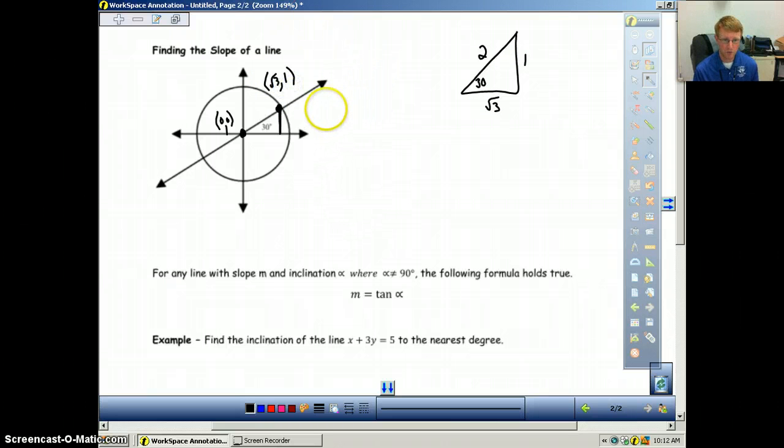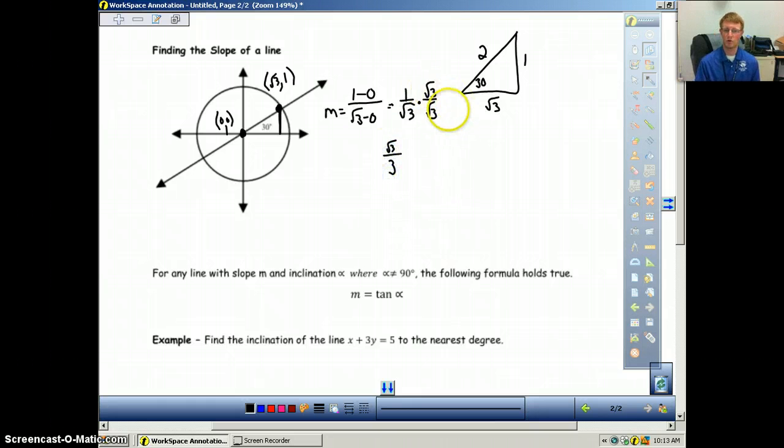So if I found the slope, m would be equal to y minus y, so 1 minus 0 on the top, divided by x minus x, square root of 3 minus 0 on the bottom. Well, that would give us 1 over the square root of 3. And then, of course, we would have to rationalize the denominator. So we would end up with the square root of 3 over 3.